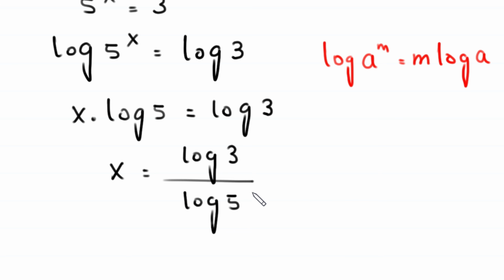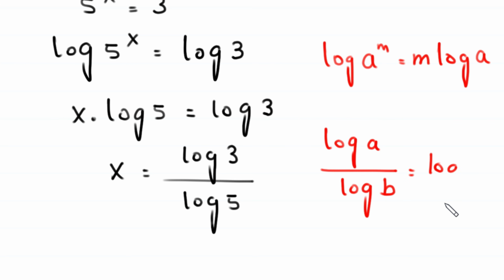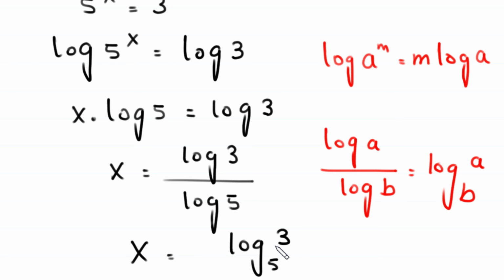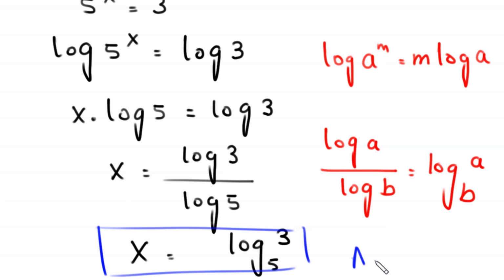And by using this log property, log of a over log of b equal to log base b of a, this log of 3 over log of 5 will become x is equal to log base 5 of 3. This is the final value of x. This is the final answer of this problem.